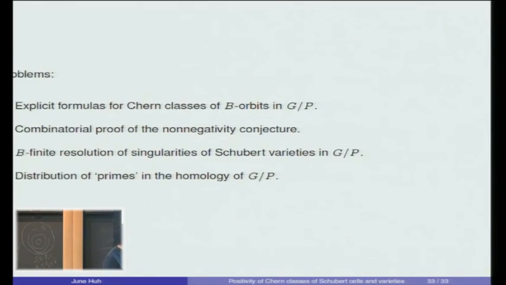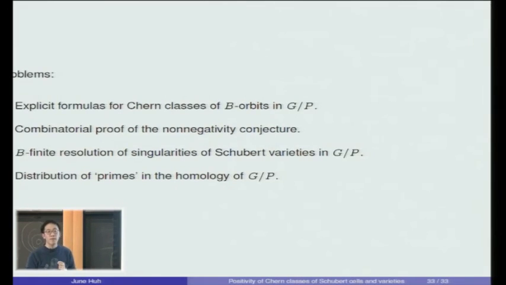So you could, in general, think about these prime cycles in the homology of G mod P. Well, the effective cone, the cone of all effective cycles in the homology of such things, is rather trivial in this G mod P setting, but the distribution of these prime cycle classes is very mysterious and, I think, very difficult.